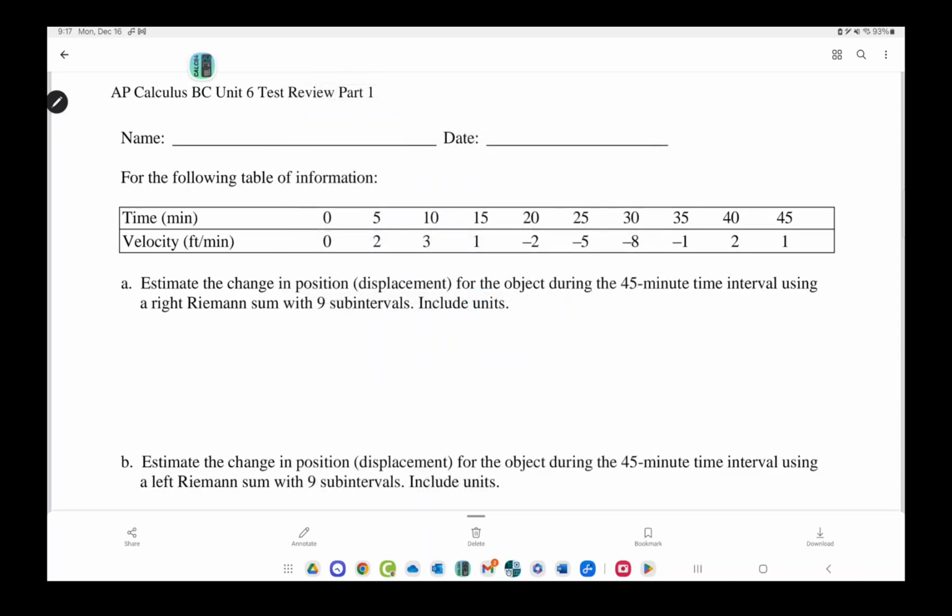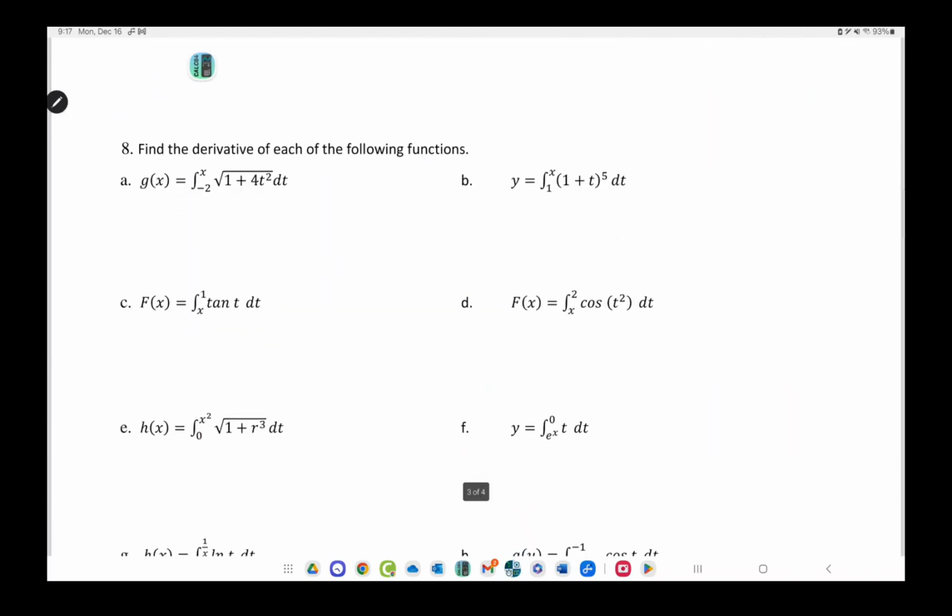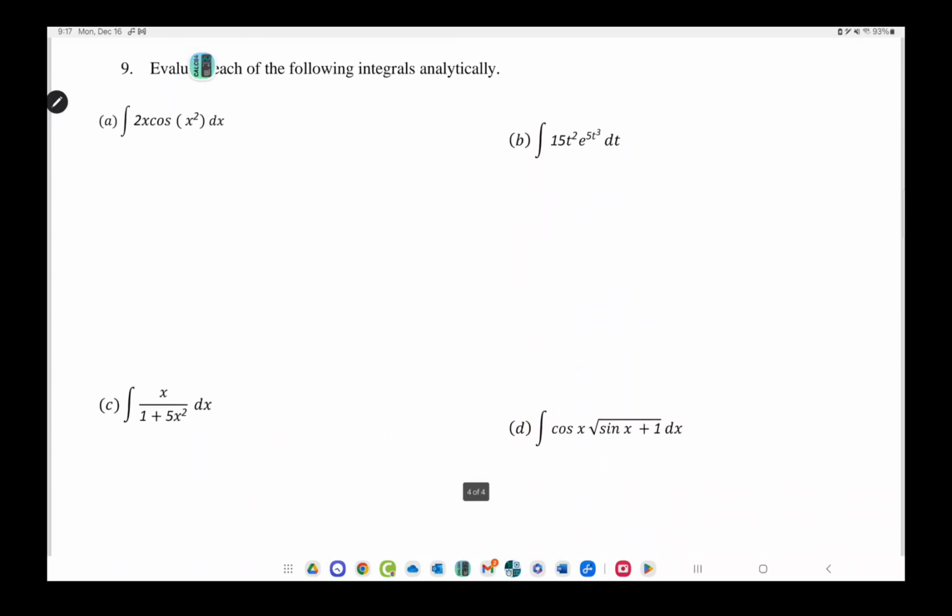I think it's really the same concepts. Do you have the worksheet we had earlier this unit?